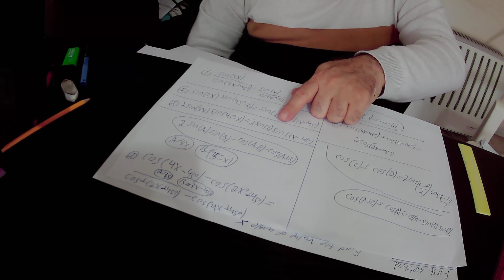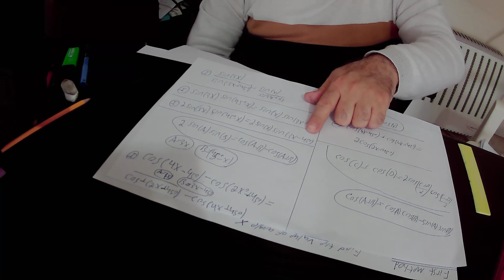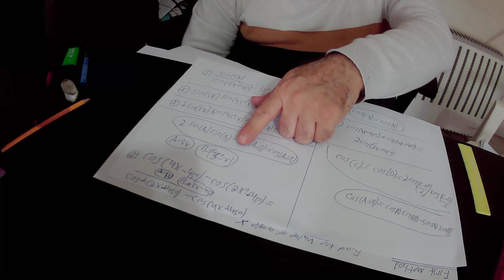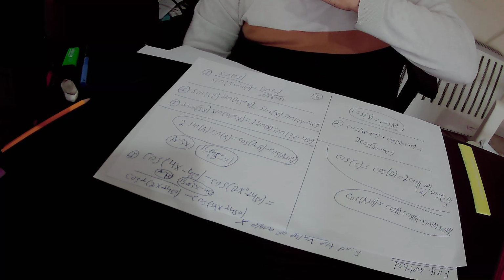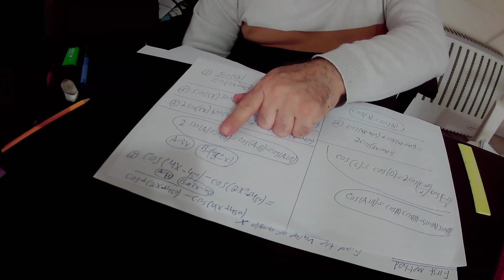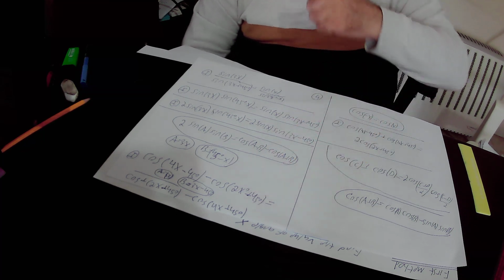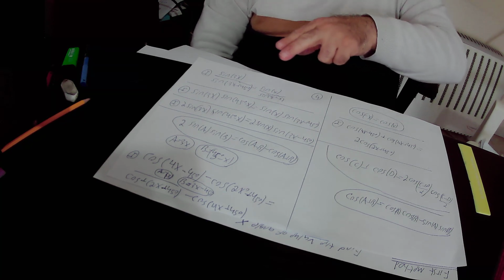Here A equals x, B equals 3x minus 45 degrees, and cosine A minus B is actually 3x minus x, which is 4x, and we have here 45 degrees, so we are left with 45 degrees, and here we have this expression.